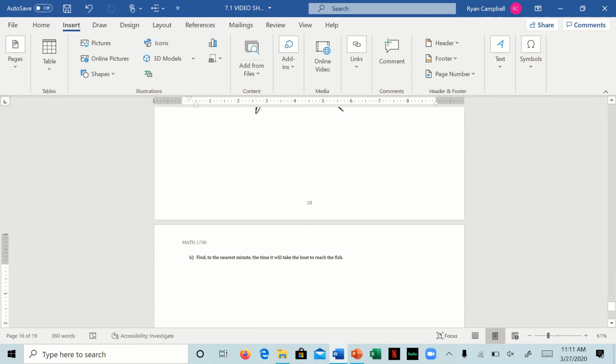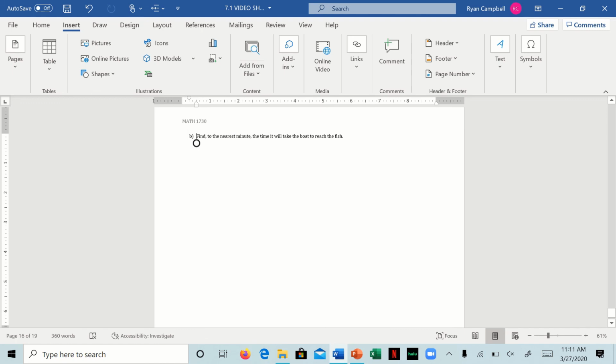Part B. To the nearest minute, find the time it would take the boat to reach the fish. So we just draw it again real quick. So this was 20x, 8x. This was 14.6.